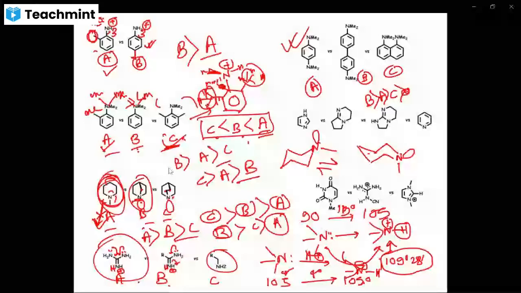Yes. So one thing is sure that C is least basic because there is a steric hindrance. So now between A and B, in A, if you see, the nitrogen can exert plus R effect as well as minus I effect, right?